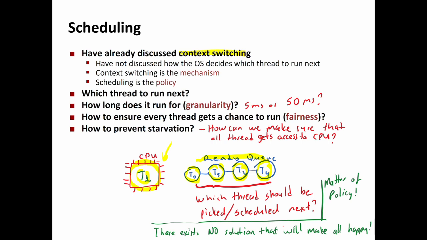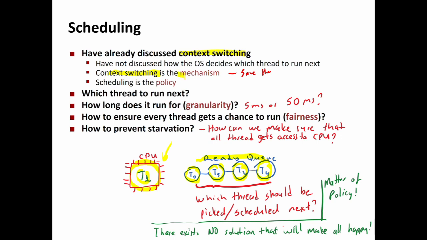Now, what we have discussed was how the context switching occurs, and let's remember that context switching means that you basically save the state of the current process, and then pick a new thread to run, and then restore the state of the new thread.